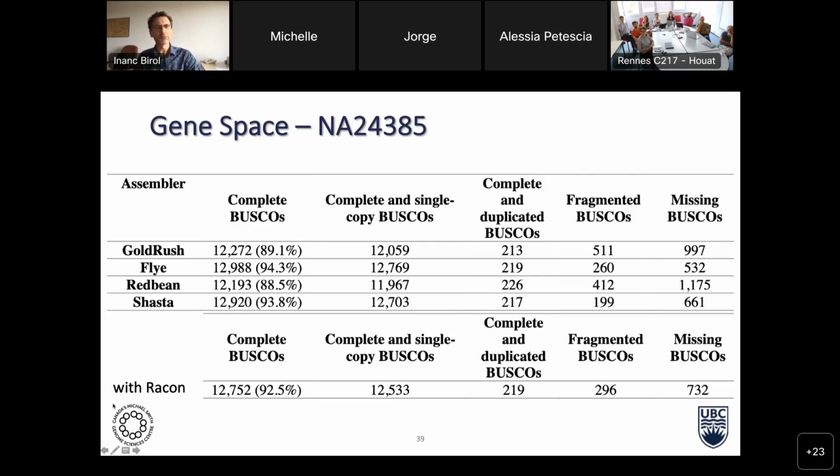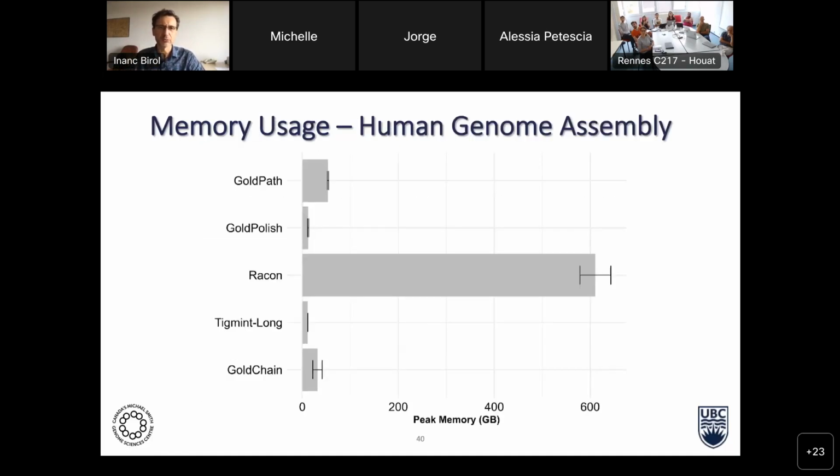Alternatively, we polished it using Racon to see that BUSCO completeness actually can be improved. All right. But of course, using Racon comes at a price, especially in peak memory usage.